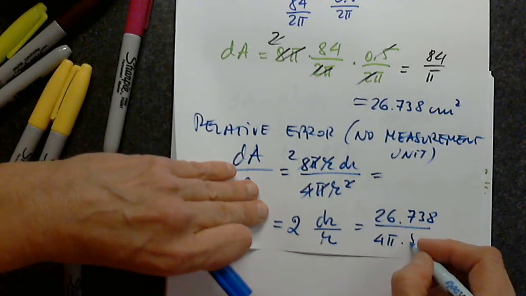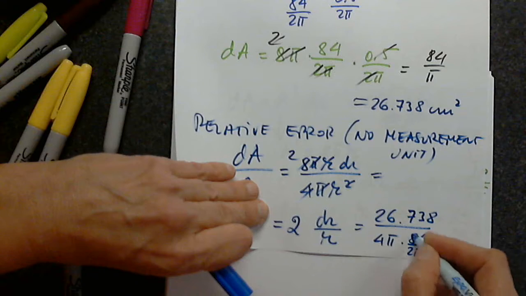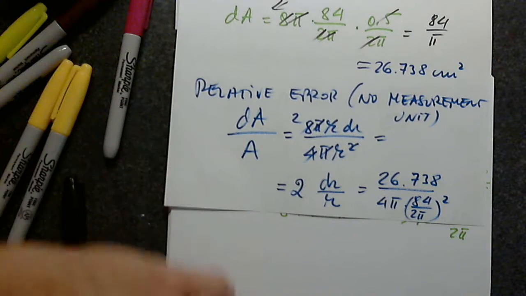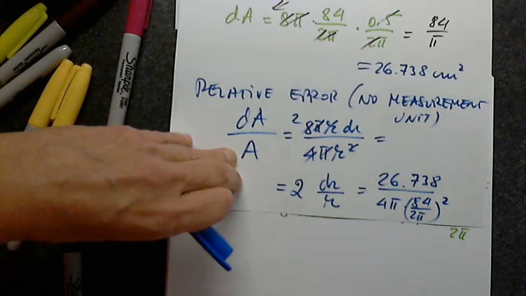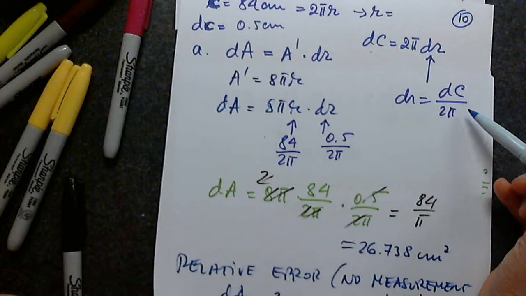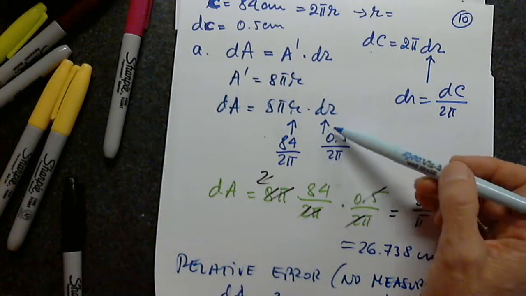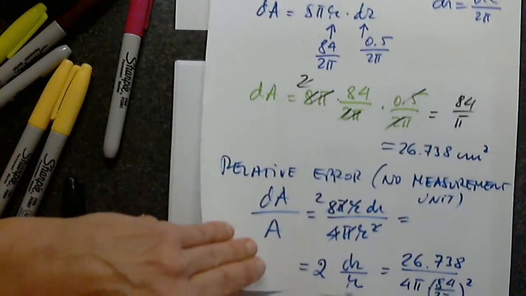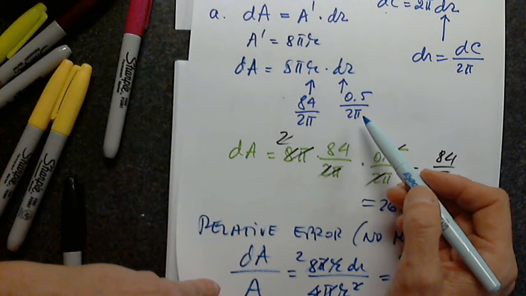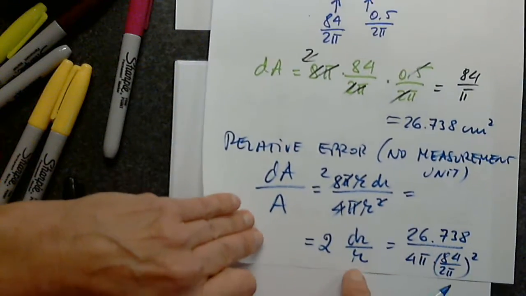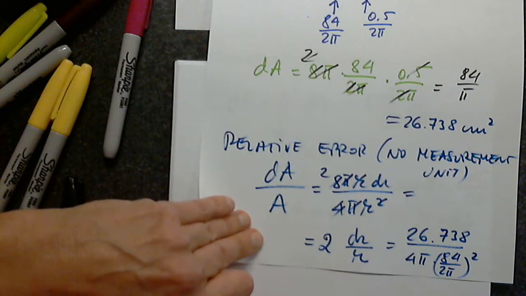Yeah, the whole thing. 84 over 2 pi squared. Or you just use this, which is dr. 0.5 over 2 pi, 2 times 0.5 over 2 pi. That's even easier, divided by the radius. It's up to you.